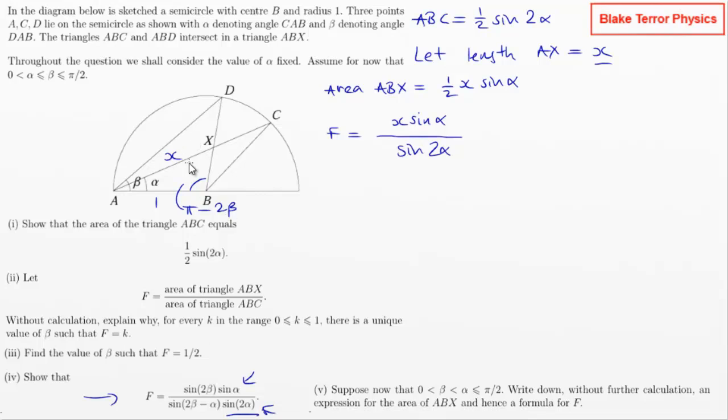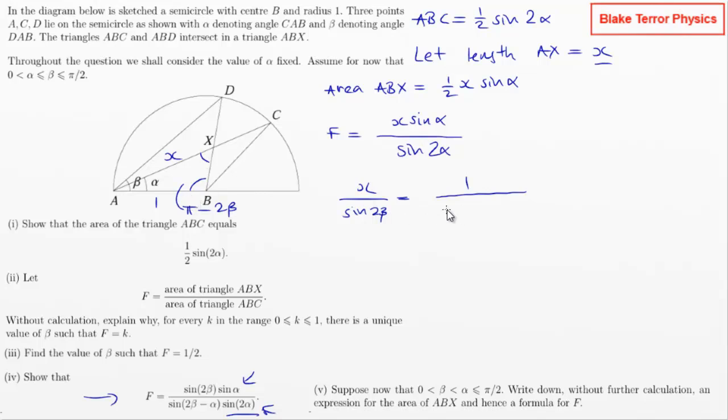And yeah, this is going to fit with doing sine rule stuff, isn't it? So what have we got on all of this then? So we've got x over sine of pi minus 2 beta, which is just sine of 2 beta. So we've got x divided by that. And then we're going to have 1 divided by, we've got this annoying angle over here.